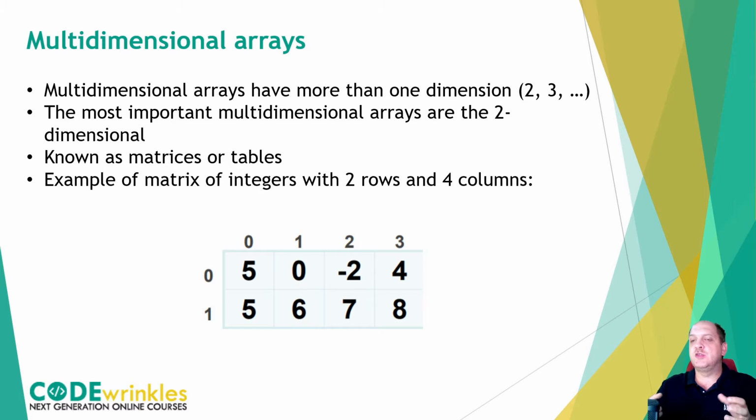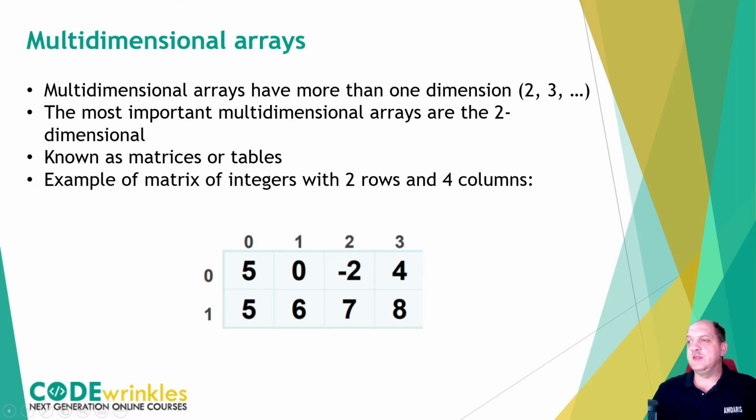In a two-dimensional array, this doesn't really work, because to identify a certain value we need to identify it by the row and the column where this specific element resides. So if we want to single out this element, the minus 2, we have to access it via the row, which would be the index of 2, and then the 0. So the row and the column, 2 and 0.